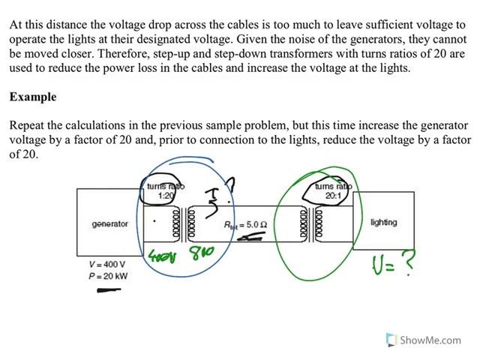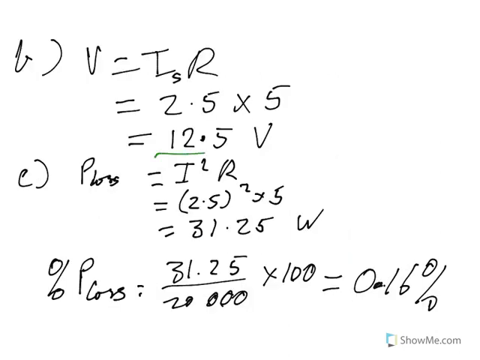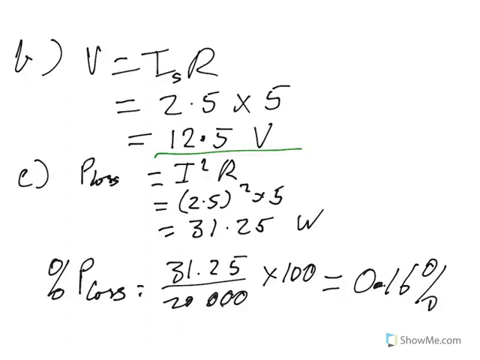Because there's some resistance, there's a little bit of voltage that's lost, the voltage used in the cables, 12.5. So 8,000 minus 12.5 gives 7,988 volts, as good as.